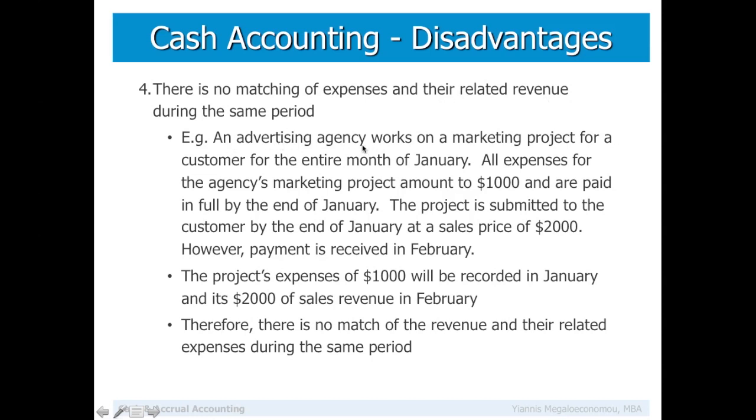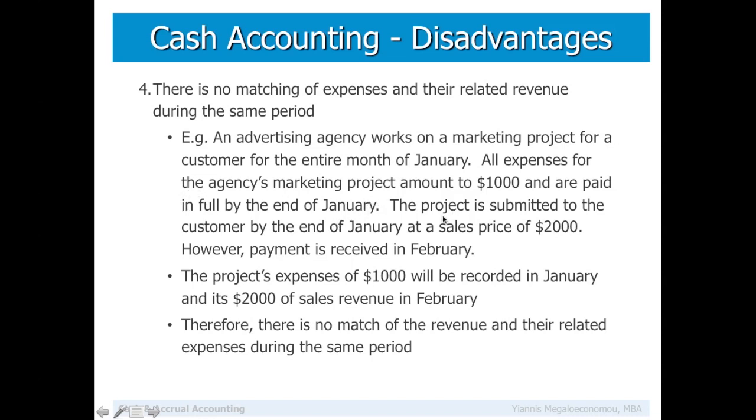We have an advertising agency that works on a marketing project for a customer for the entire month of January. Now, all expenses for the agency's marketing project amount to $1,000. And let's assume also that the marketing agency pays all the incurred expenses by the end of January.